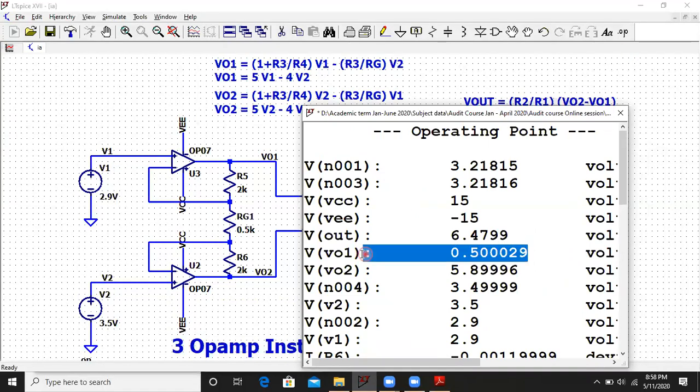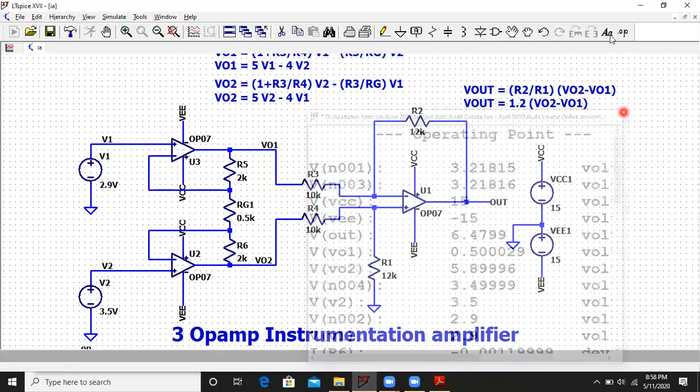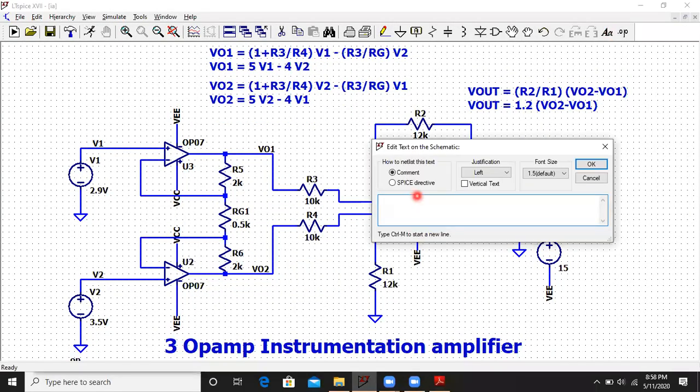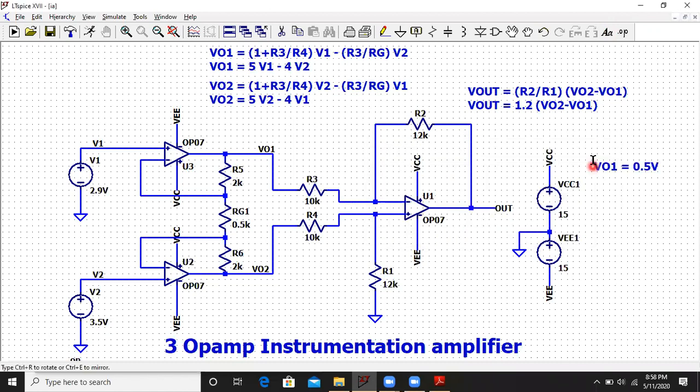So VO1 is coming out to be 0.5 basically. So I'll write over here VO1, the simulated value is coming out to be 0.5 volts. We will check it shortly with the theoretical formula. First, let us write the simulated values. So VO1 is coming out to be 0.5.